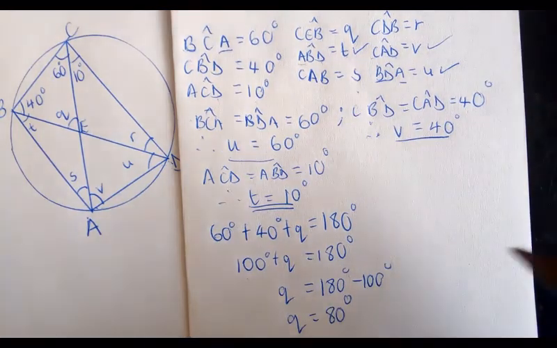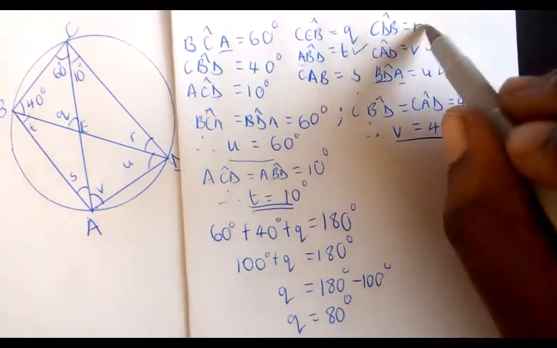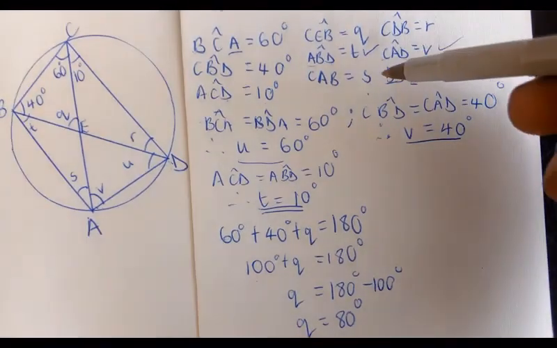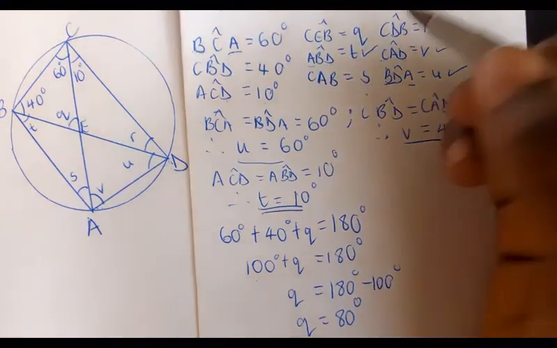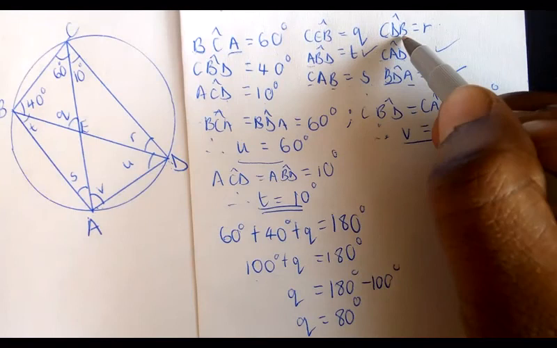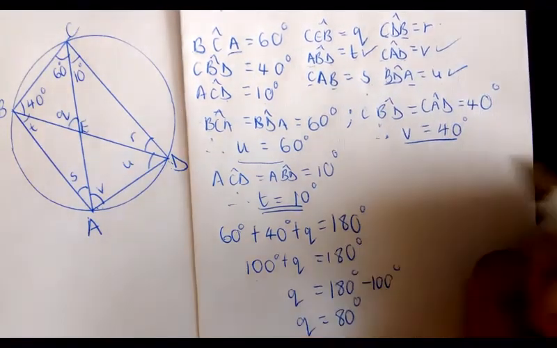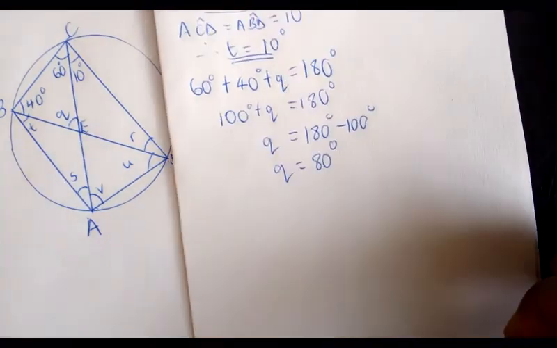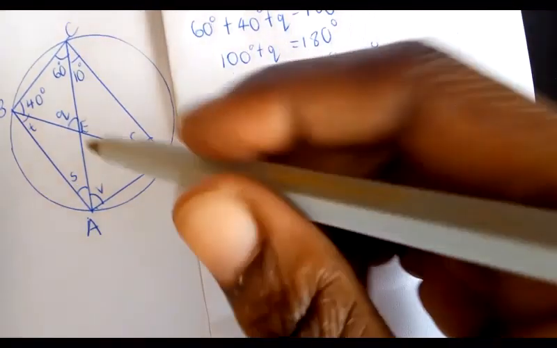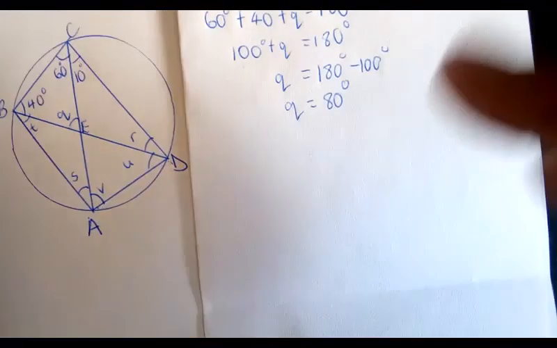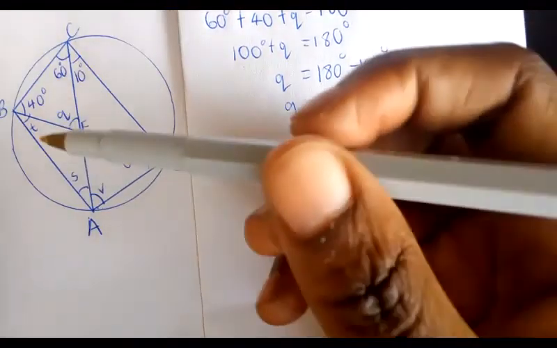Now we are left with these two angles, R and S. Looking at these angles, they start and end with the same letters, so it means R is equal to S. But we do not have any other angle that is similar to it, so we do not know what it is in degrees.